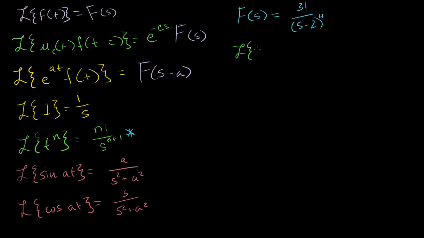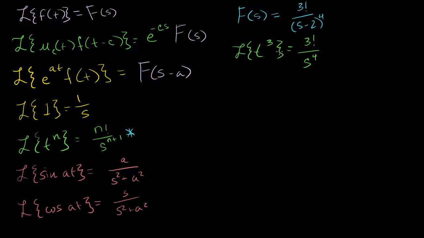So the Laplace transform of t to the 3, by this rule that we showed right here, would be equal to 3 factorial over s to the 4th. Now, this thing isn't exactly this thing. They're not quite the same thing. And I'm doing this to instruct you, but I find these when I'm actually doing them on an exam.